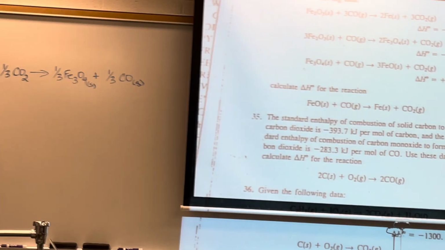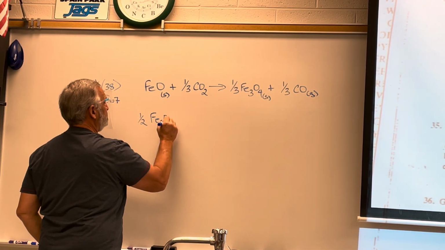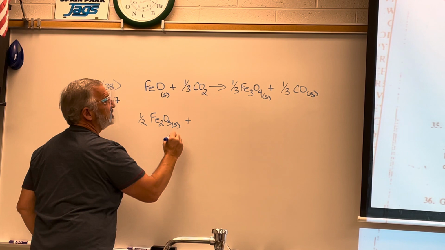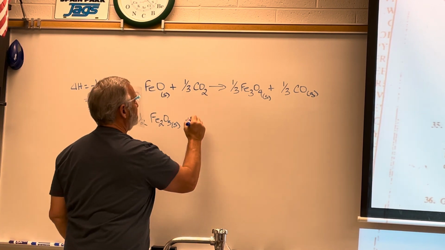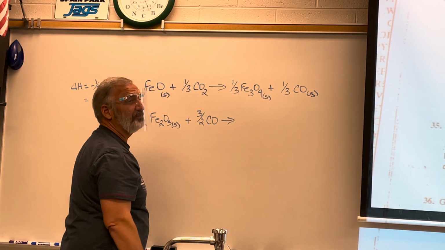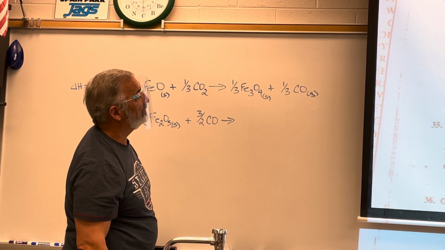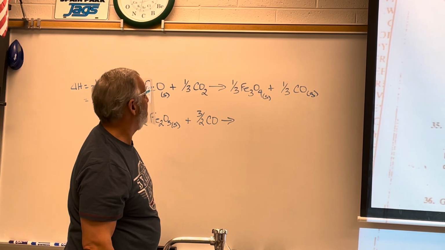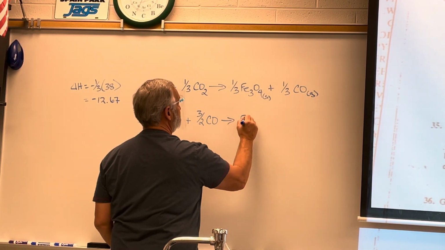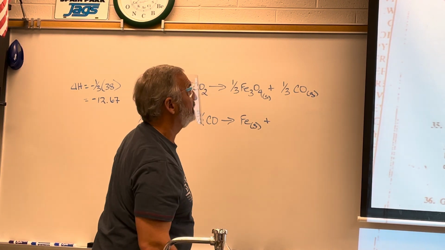So it's 1/2 Fe2O3 plus 3/2 CO. This is where you have to remember your third grade fraction rules. Okay, goes to Fe solid plus 3/2 CO2.